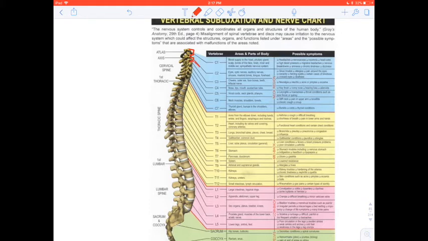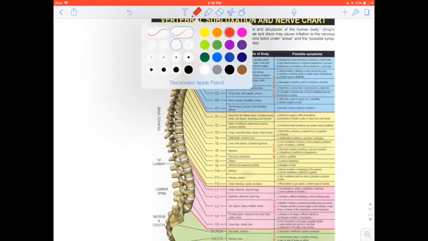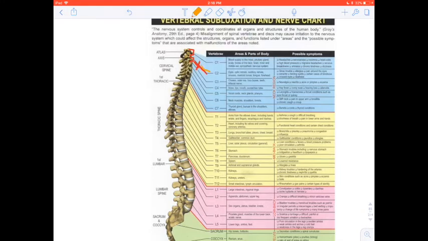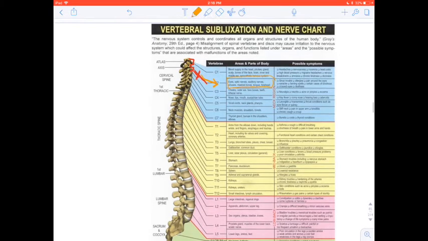What we just talked about is kind of a one-way street. If we have pressure right there, then we're now affecting the downstream signal, right, to all of those structures. And so we have problems. So this chart just kind of shows you the general problems that we can have whenever we have subluxed vertebrae.